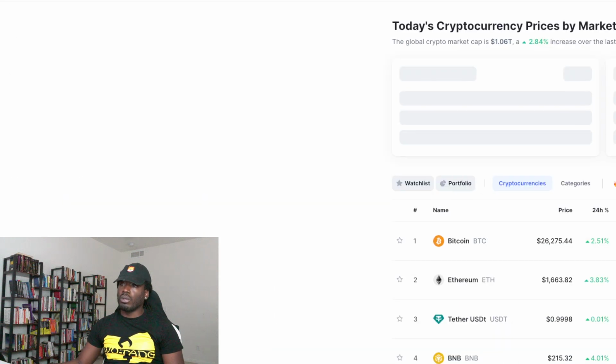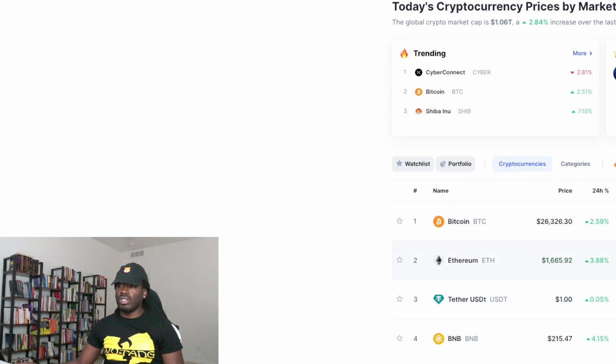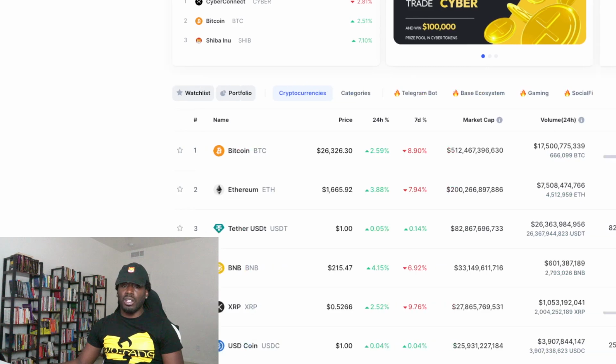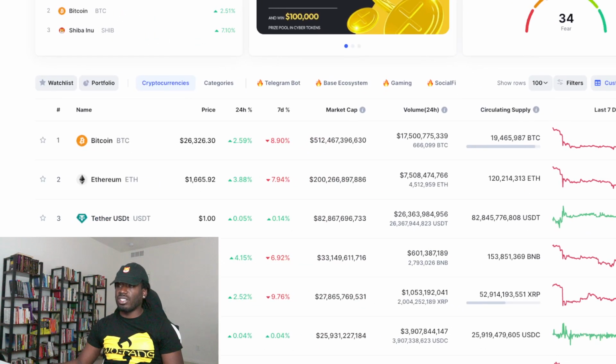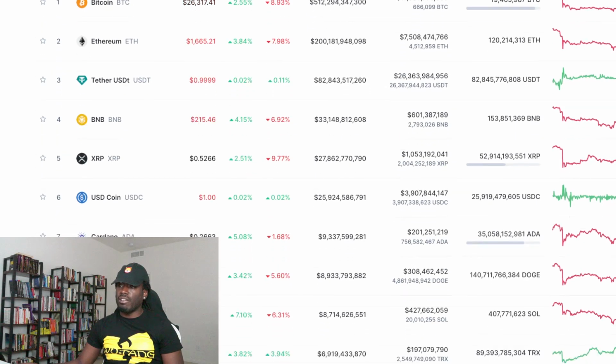Let's look at the overall crypto market cap, sitting at $1.06 trillion, up 2.84%. So a little more money flowed back into the crypto space. Bitcoin 26,000, Ethereum at 1665, BNB at 215, XRP at 52 cents.